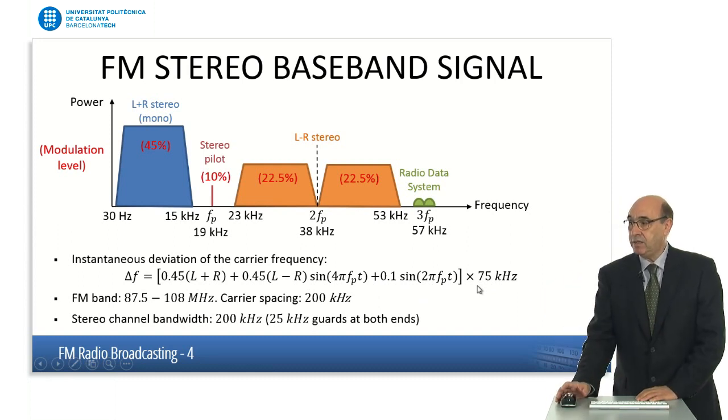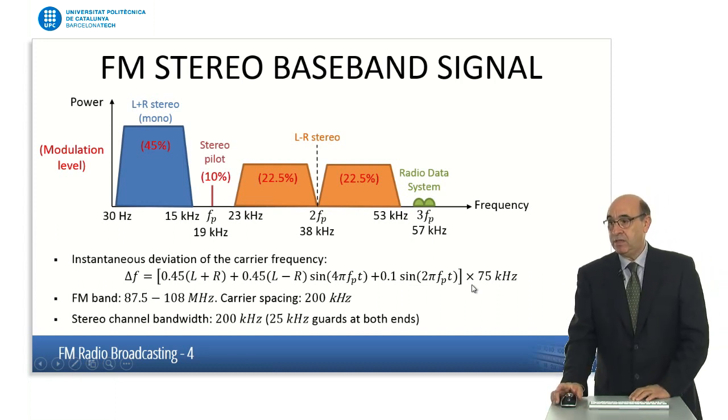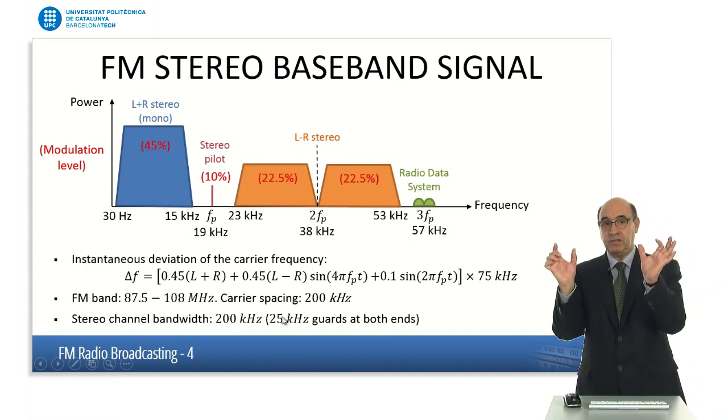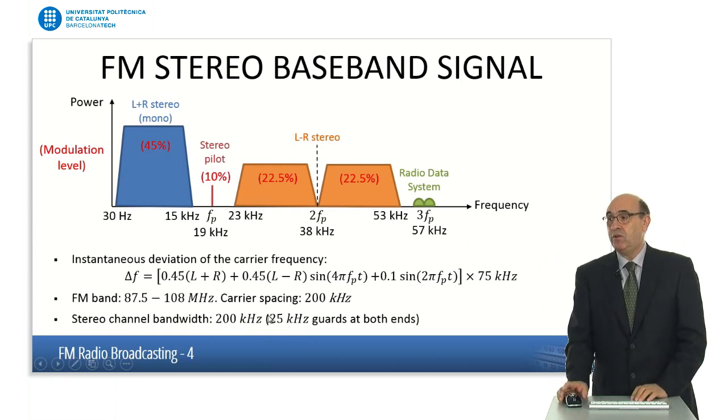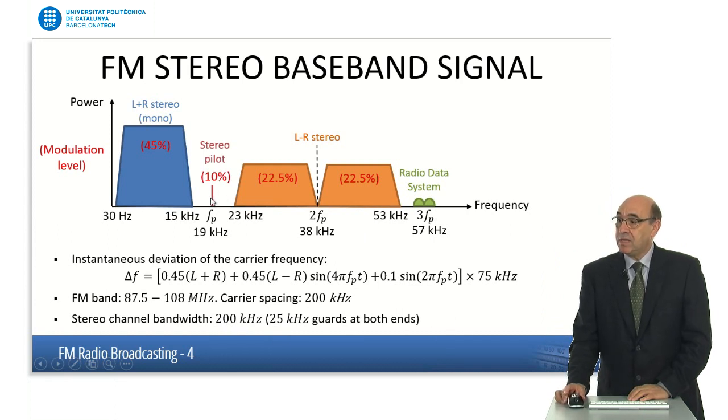Whenever they are negative, we go to minus 75. In all, this makes 150 kilohertz. But the bandwidth of the channel is 200. We have to keep 25 kilohertz guards at both ends to avoid that the next radio station could be in some way confused with this one.